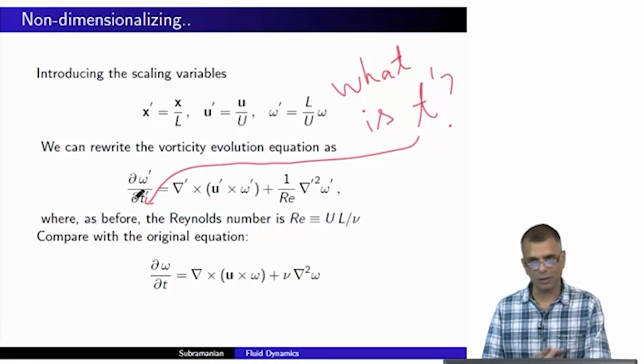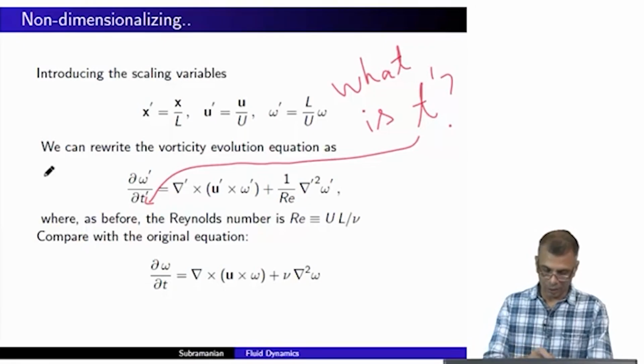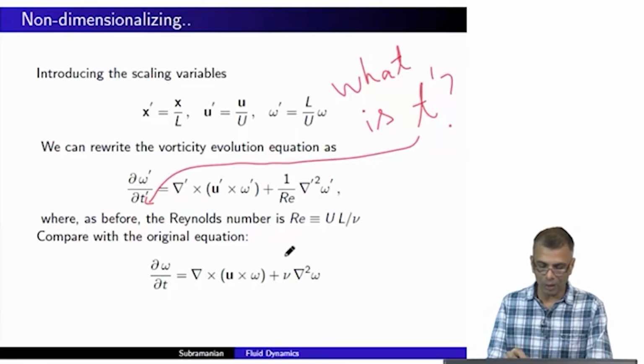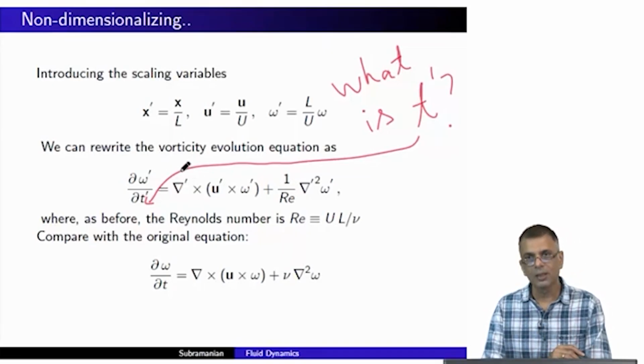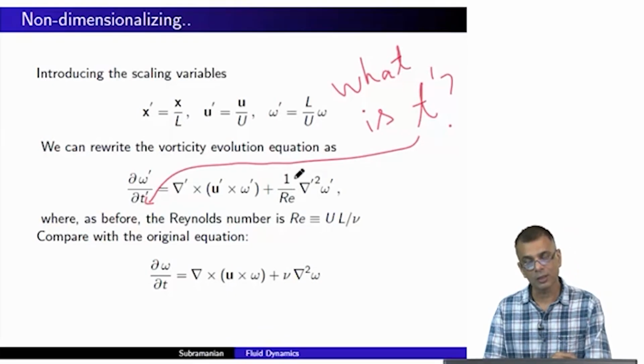It's not a difficult answer. It's some combination of U and L. So having non-dimensionalized this, it looks exactly like this, with primes on everything, primes even on the nablas, except for the appearance of this 1 over Re in the non-dimensionalized equation.